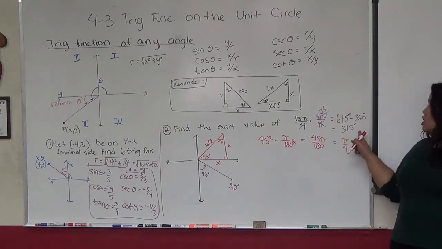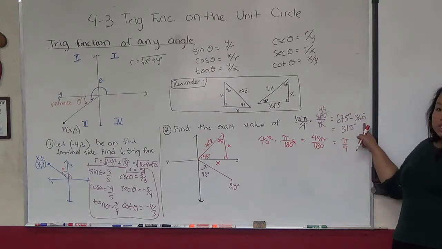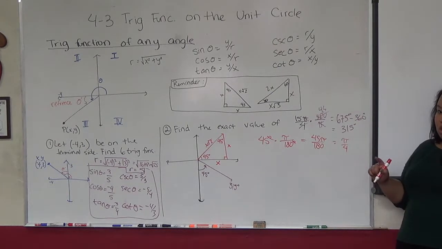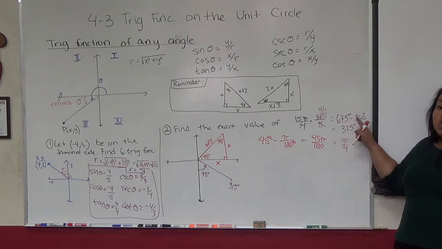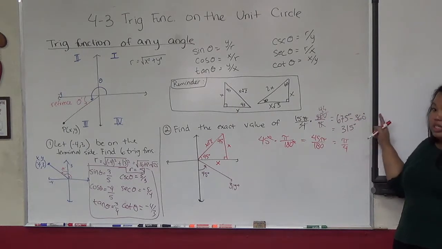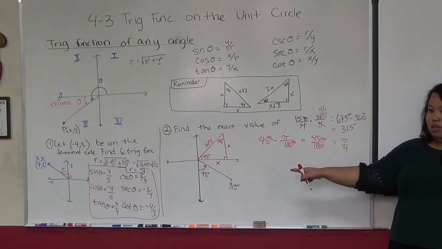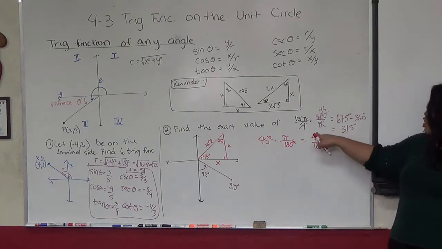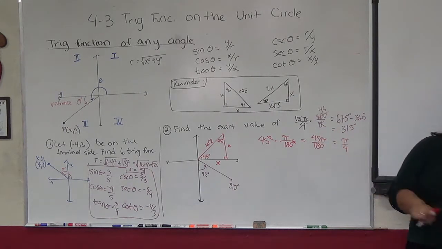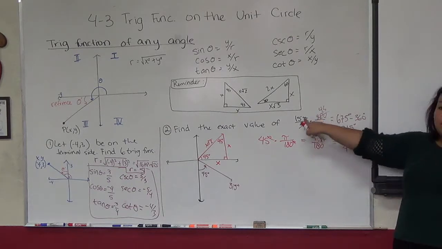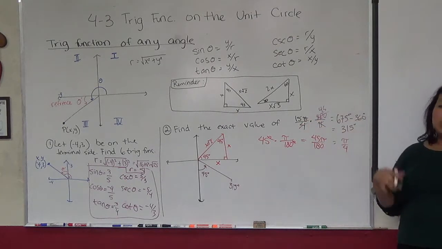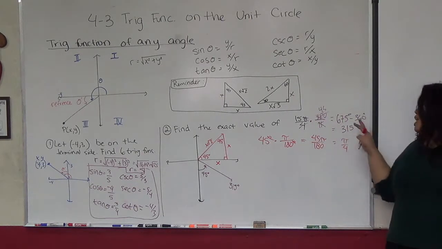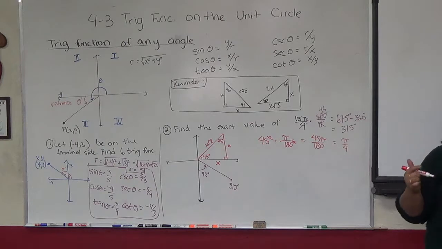Then I took away 360 to find how many rotations there are, because 675 is more than one circle. So I subtracted 360 to find where it's at. I could have just subtracted 2 pi from this. You'd have to find a common denominator and so on, but you could have skipped this step. My brain needs it in degrees first because I'm so accustomed to degrees.